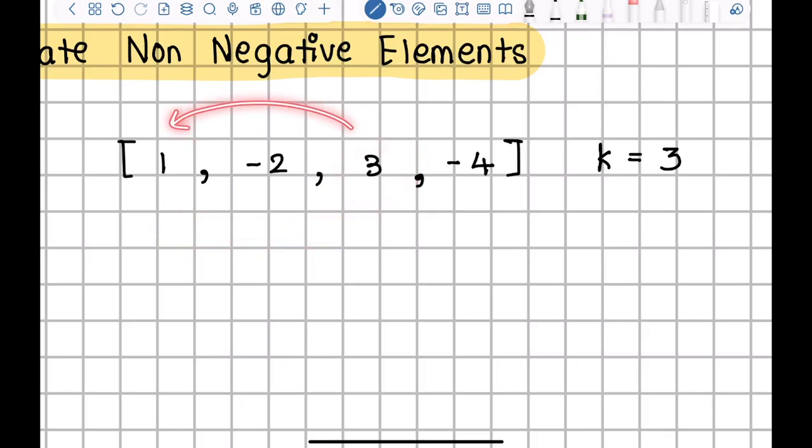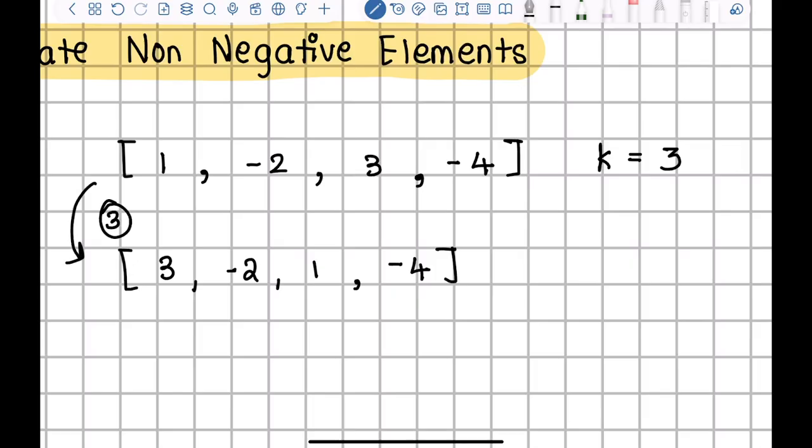So the resultant array that I will have to be returning is 3, -2, 1, -4. This means it was rotated 3 times.